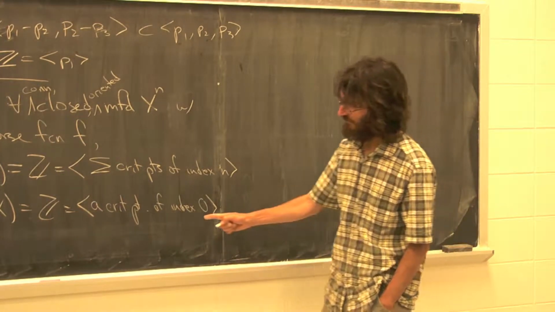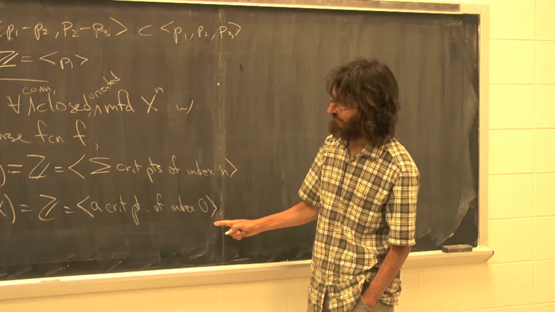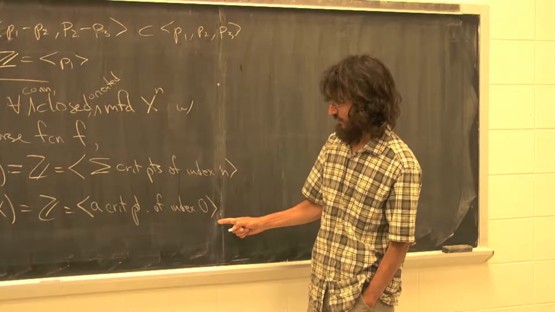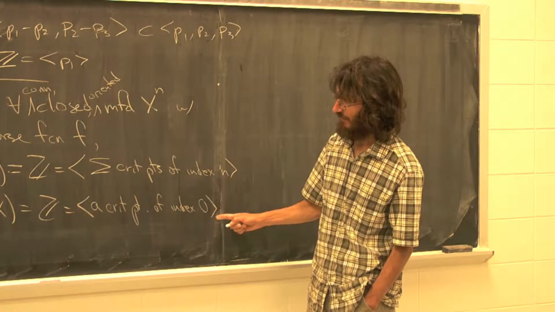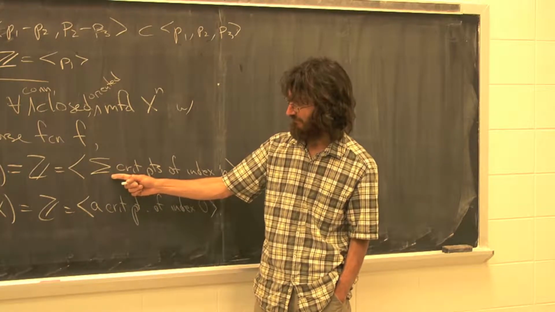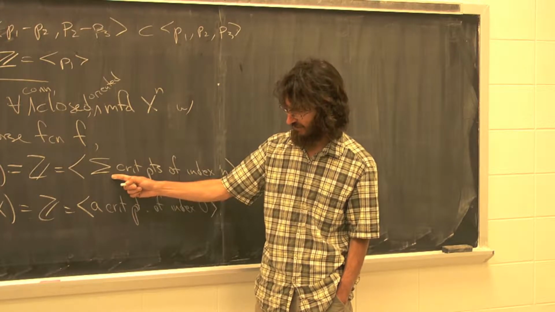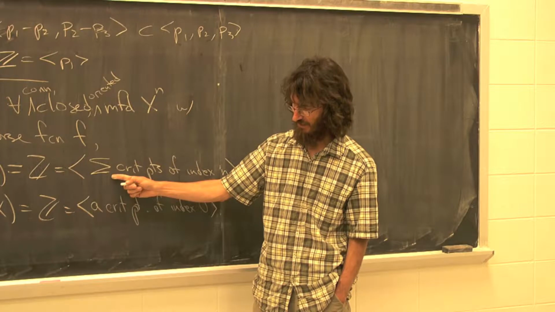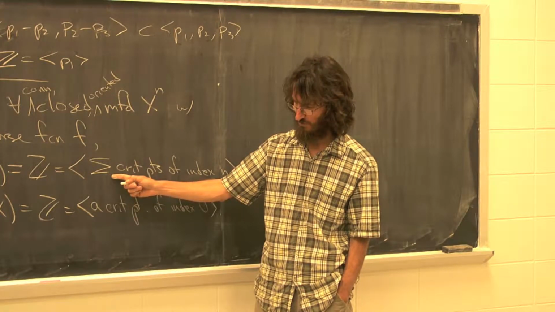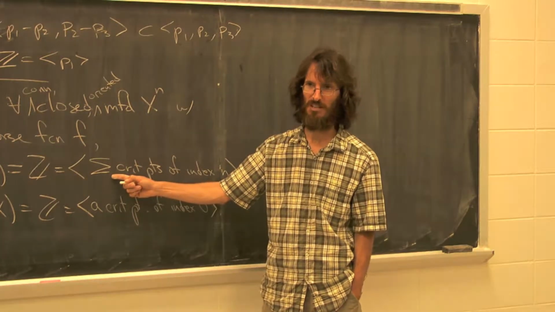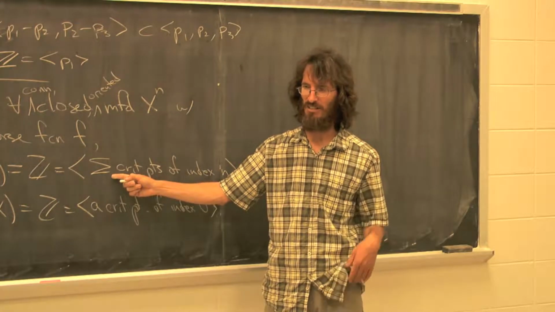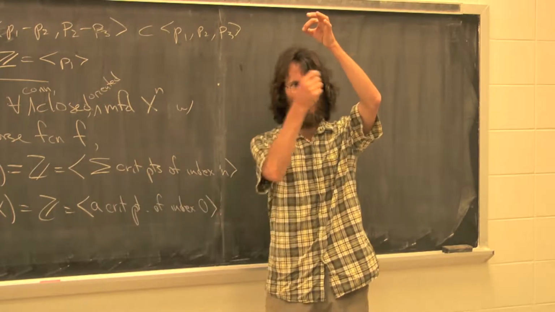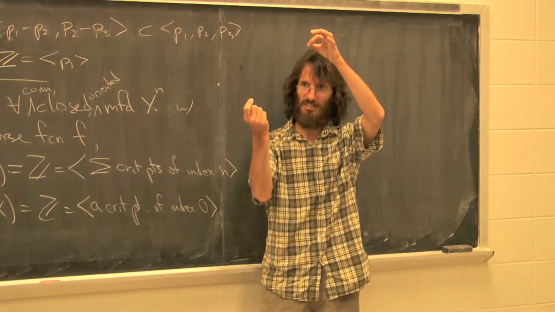To understand why this is true, let's do this one first. If I look at the critical points of top index, I want to understand flow lines from them down to critical points of index 1 less, right?